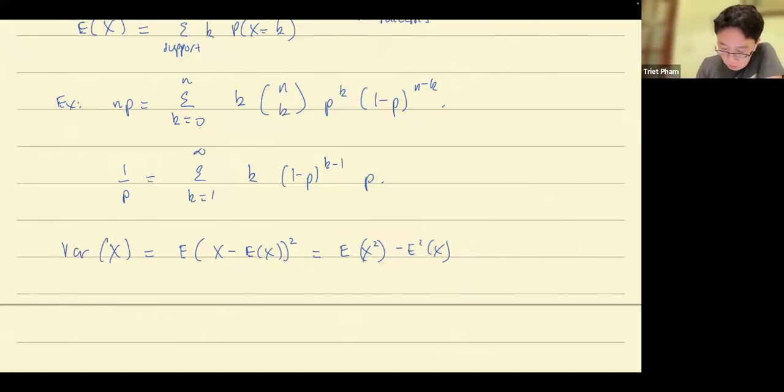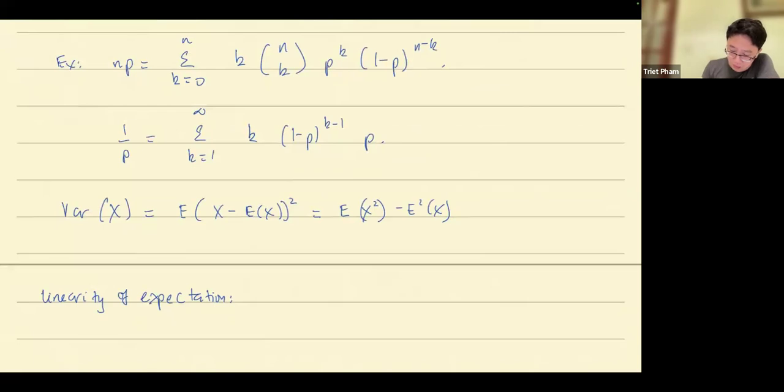So the rules that you should remember about expectation and variance are the following. Expectation is linear. In other words, if you have the expectation of a sum of random variables, then it's going to be the same as the sum of the expectations of these random variables.